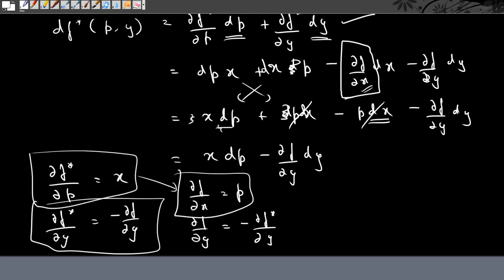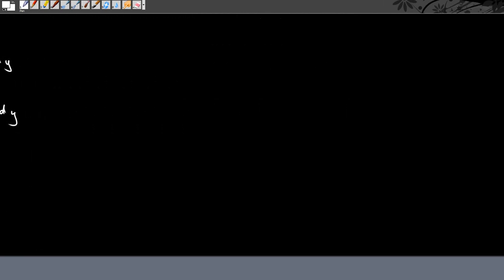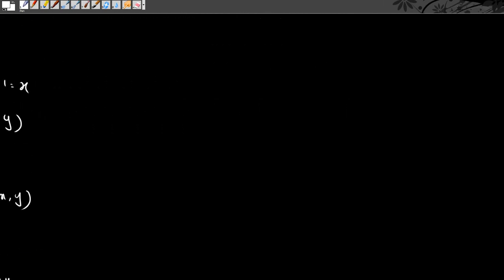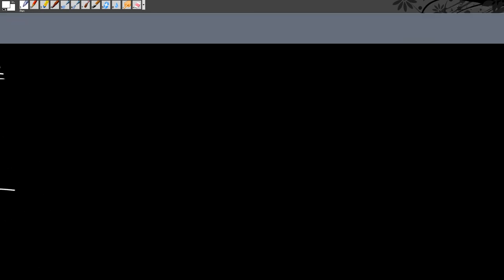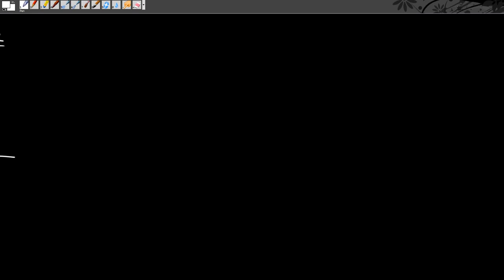So there is some kind of symmetry in this equation, and that is what we have to notice here. Those kinds of relations are very often used to derive the various thermodynamic potentials, which we are going to see in the future courses. And that is the thing which I wanted to highlight.